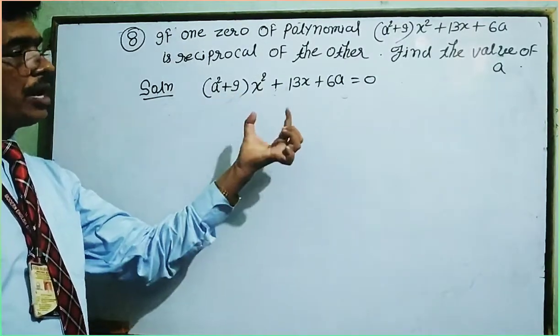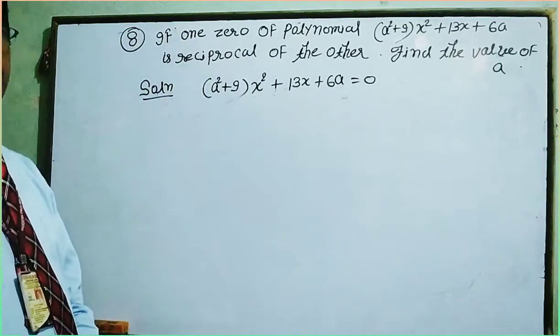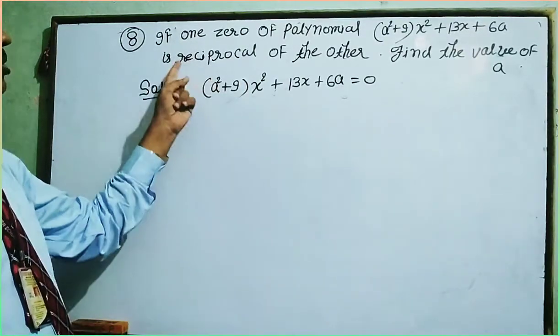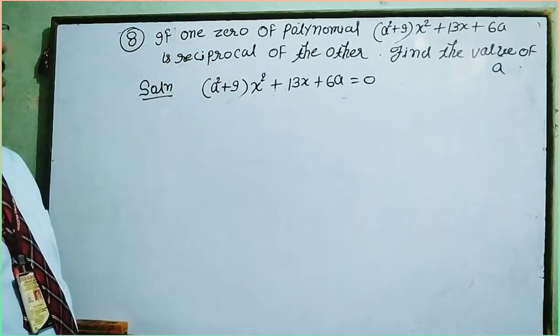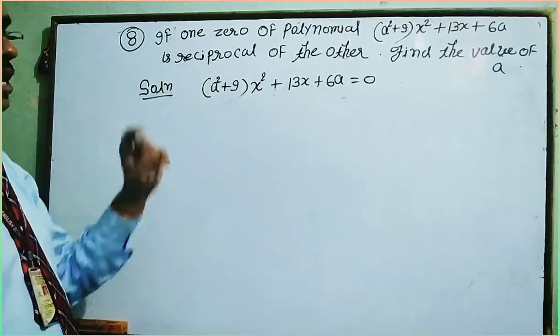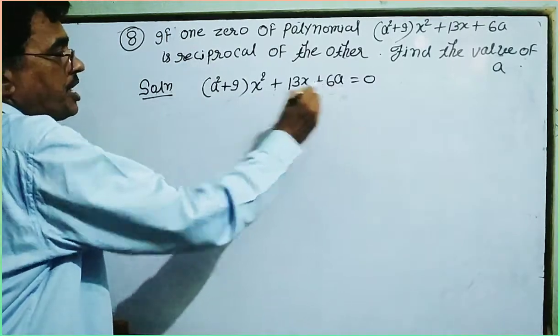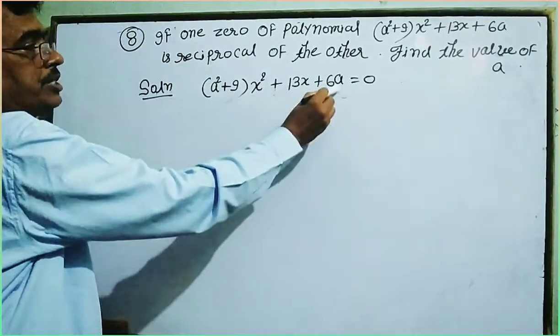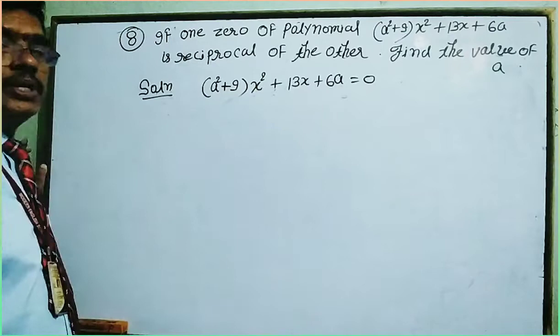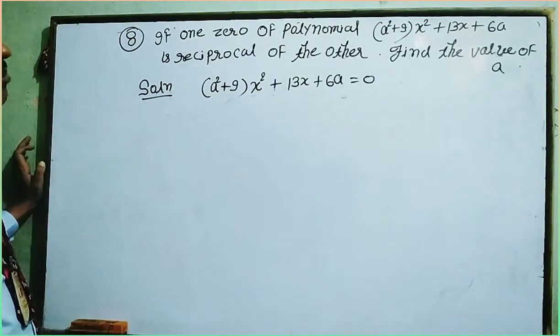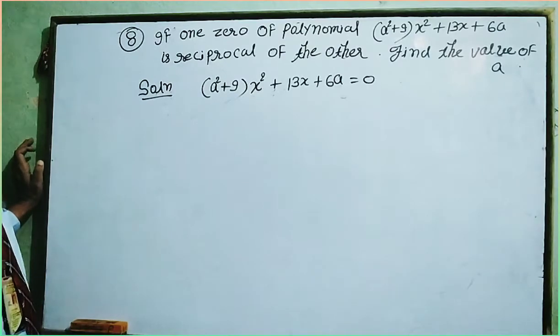And the zeros are alpha and beta, but there is a condition that one zero is the reciprocal of the other. Then find the value of a. First we find where a is, in the place of c and a. So the relation of c and a is the product of the zeros. So I use here the theorem product of the zeros, that means alpha into beta is equal to c by a.